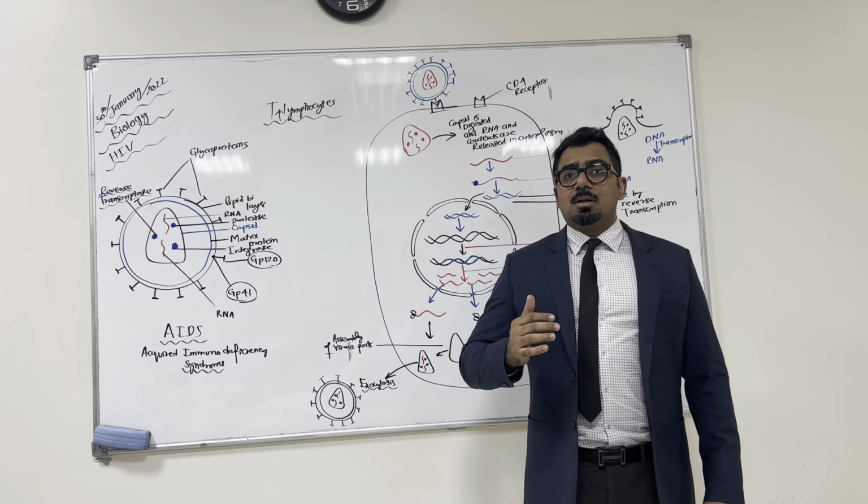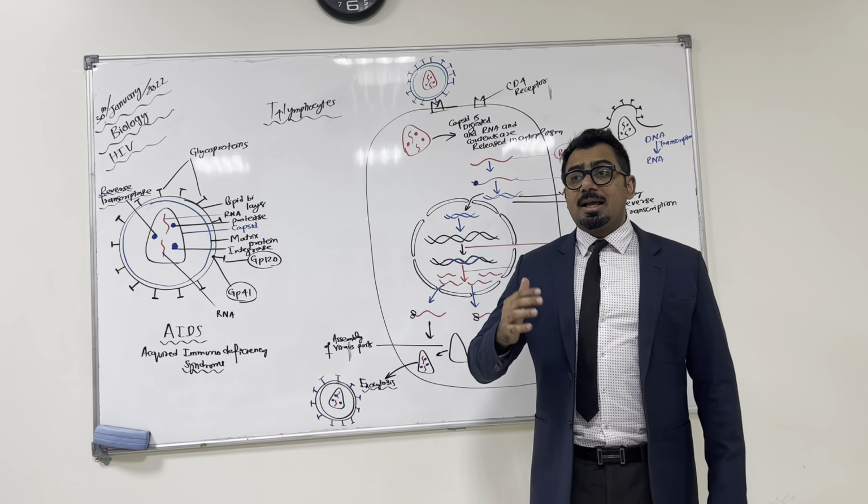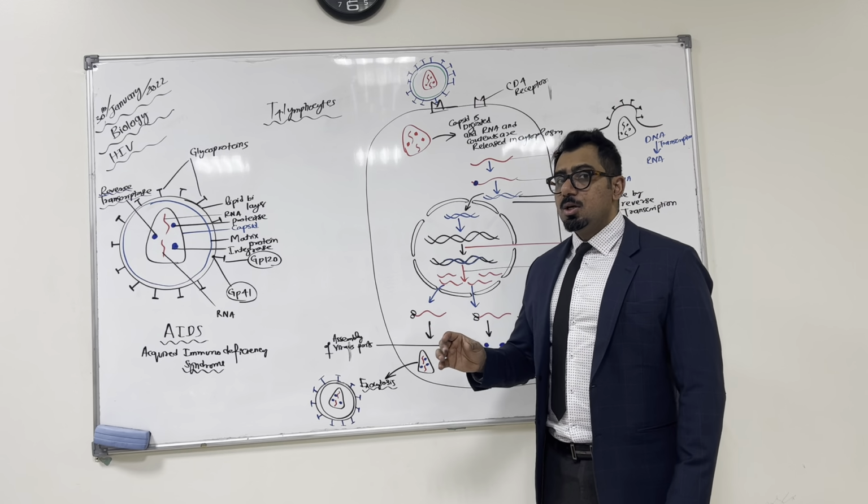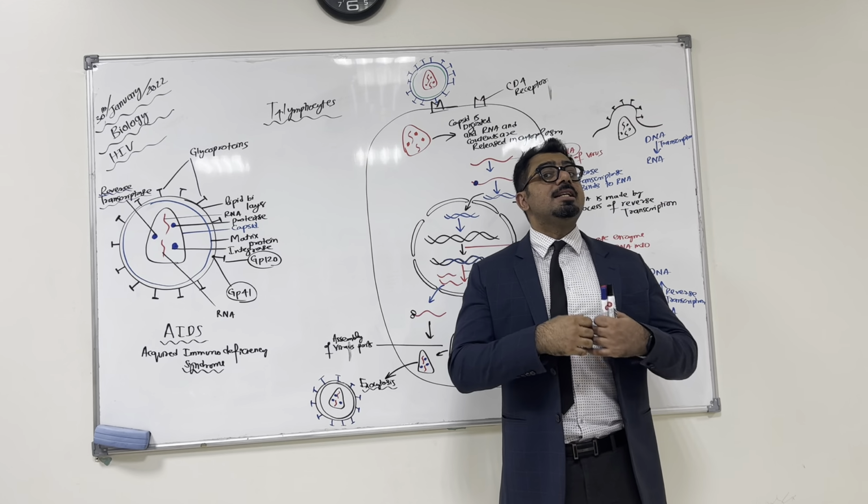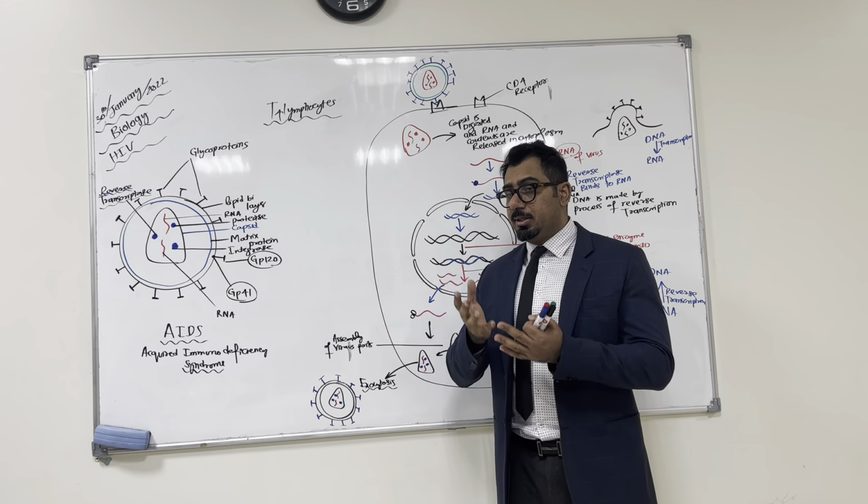Now, again I told you in the beginning that the person who will have AIDS, HIV positive and AIDS, will have opportunistic diseases, right? Now, as there will be opportunistic diseases attacking that person, the person needs to be treated, right? Now, you guys have learned that we cannot kill viruses.